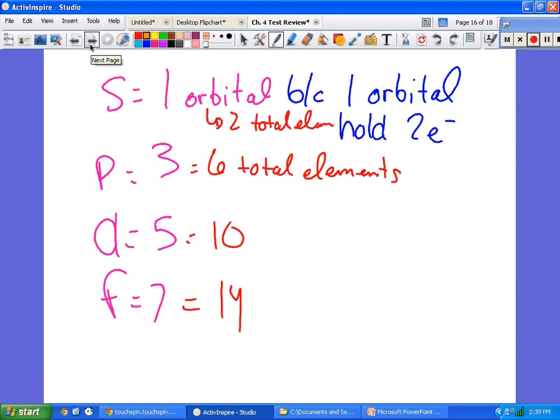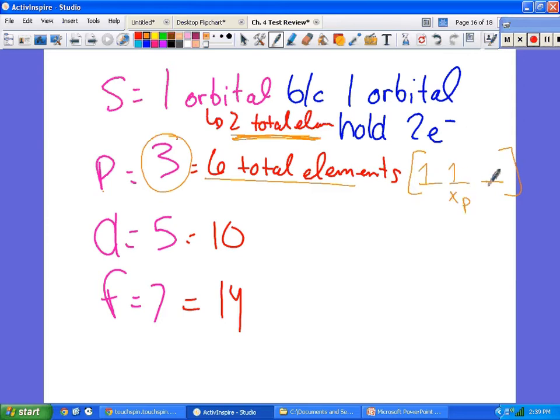S equals 1 orbital because 1 orbital can hold 2 electrons. That's what I mean. Remember, every orbital can hold a total of 2 electrons. Well, since P has 6 total electrons, it's going to need 3 orbitals. So whenever we did the orbital diagram with the arrows, we always could put 6 total electrons in this thing.